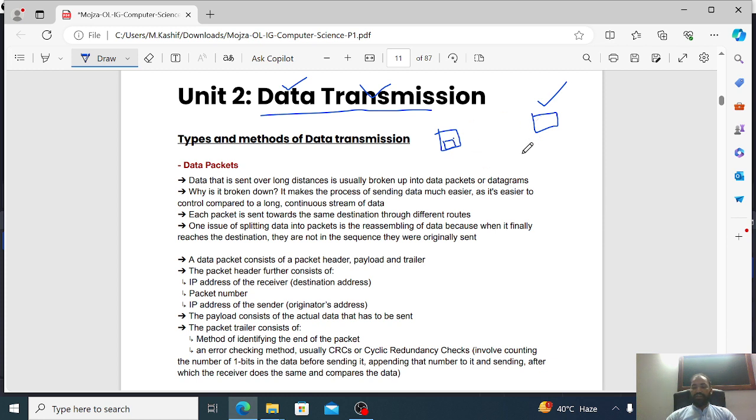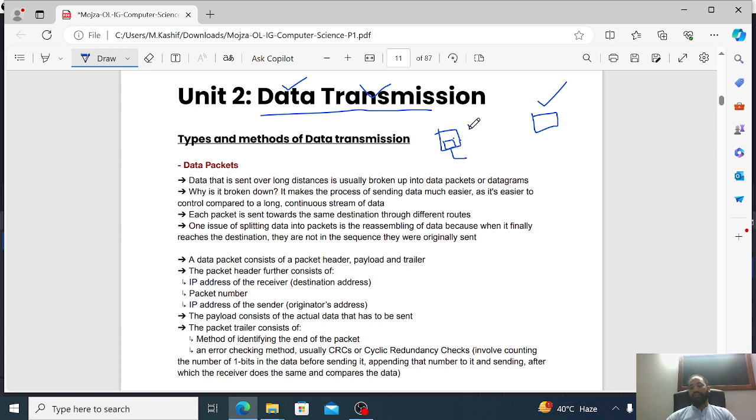When we have a connection, I'm going to send the data from this device to that device. My data, in the form of video or text or image, will be broken down into small parts. Each part is called a data packet.